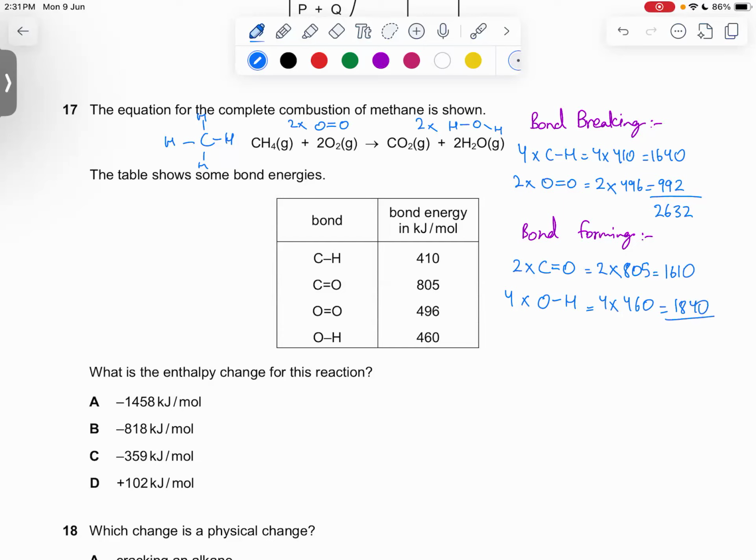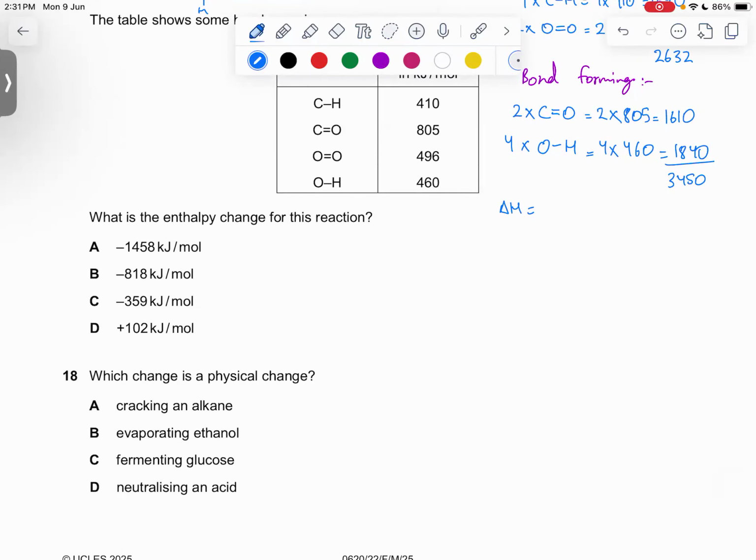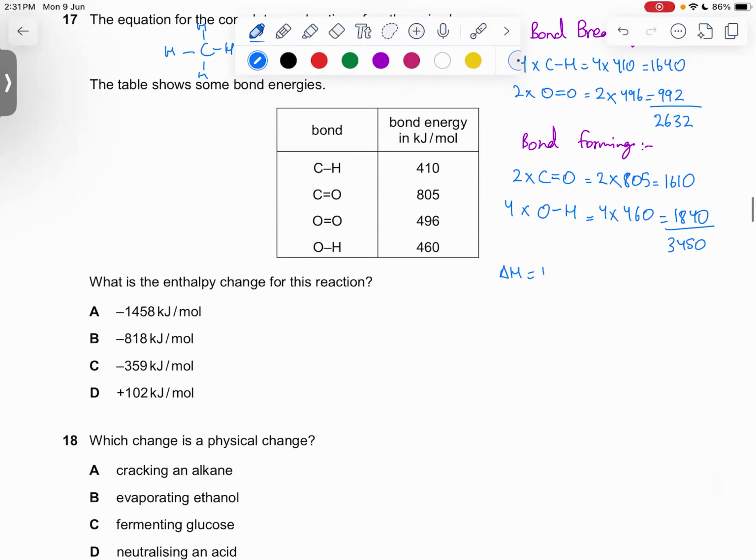And then we are going to add the two together. 1840 plus 1610 equals 3450. Let me put the heading of delta H. Delta H is equal to bond breaking minus bond forming.